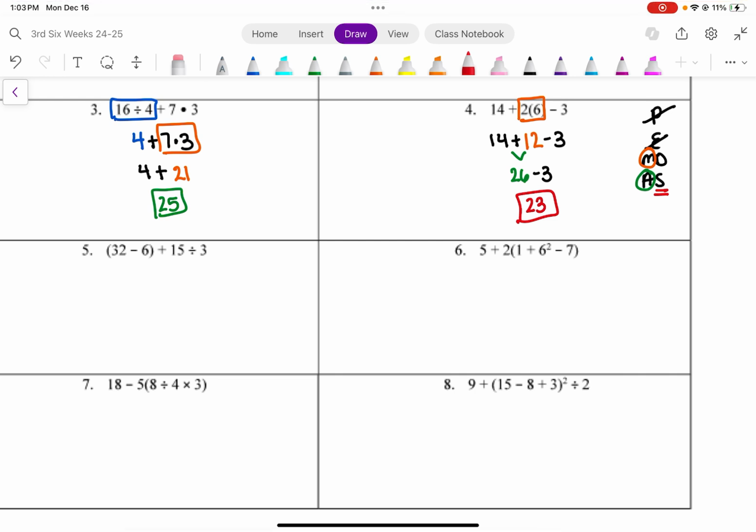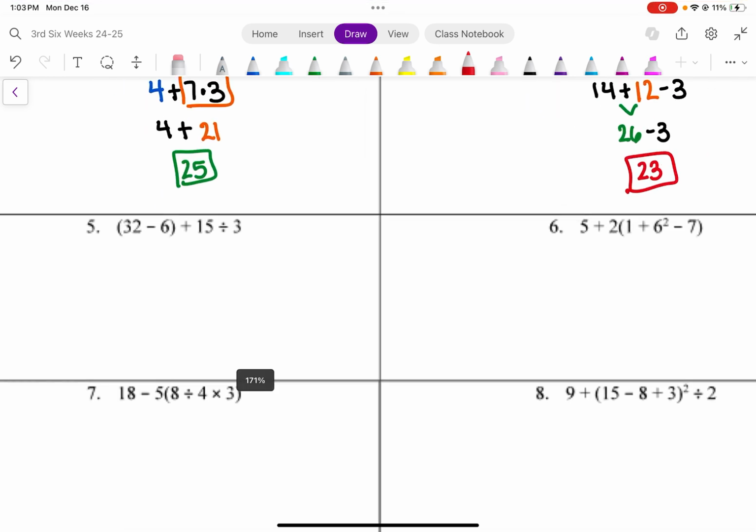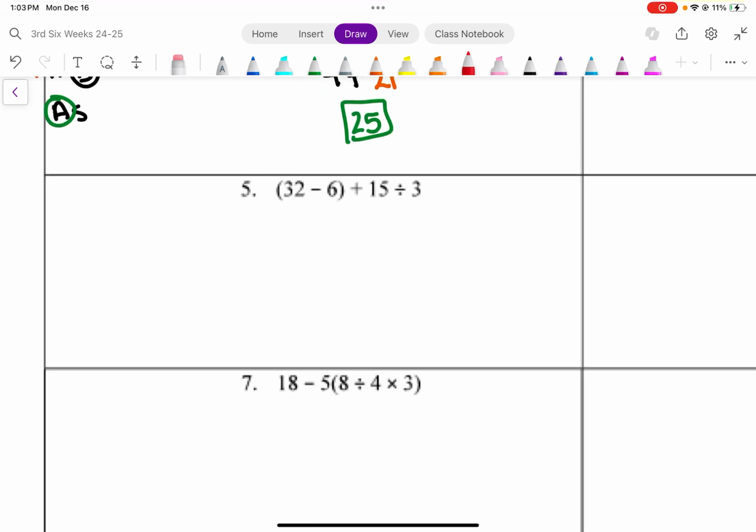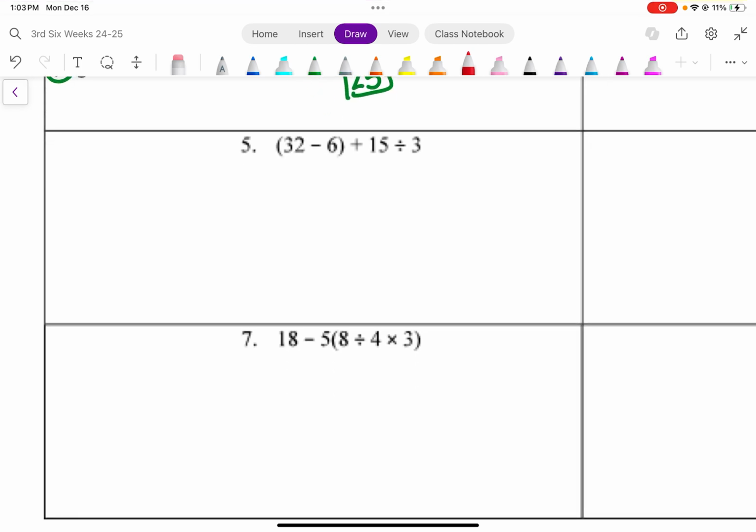All right, so now let's look at number 5. Remember, if I am working too fast, you have the option of pausing and working it out and then starting it again. So I wrote PEMDAS. I'm now looking, I have 32 minus 6 in parentheses plus 15 divided by 3. So I see parentheses, so I'm going to start with that.